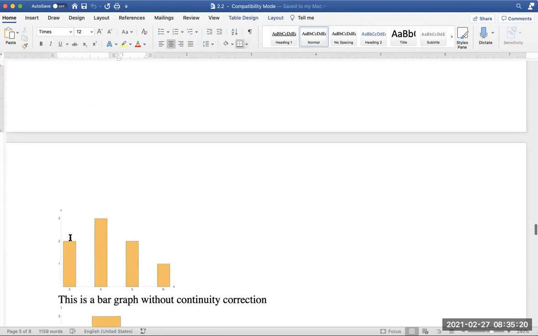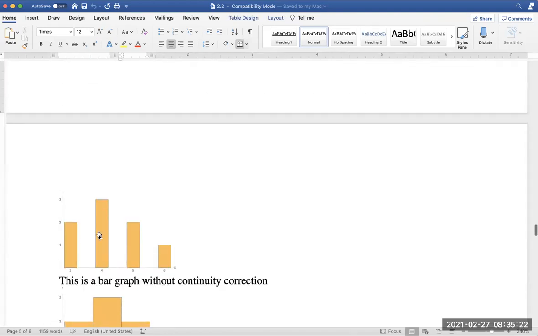And that is a bar graph. You should draw the bar graph with these gaps in between.